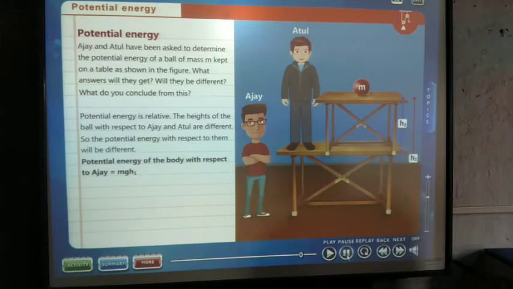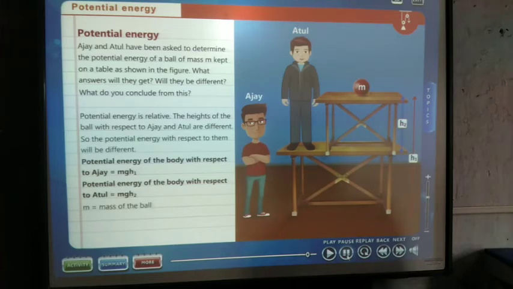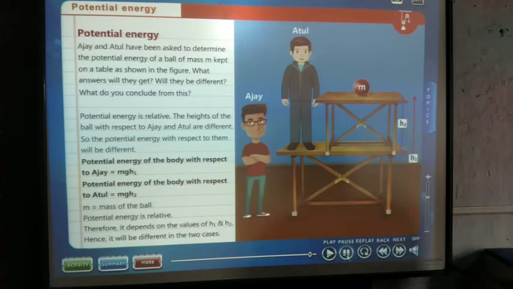Potential energy of the body with respect to Ajay is equal to mgh1 and potential energy of the body with respect to Atul is equal to mgh2. m is equal to mass of the ball. So we can say that potential energy is relative. Therefore, it depends on the values of h1 and h2. Hence, it will be different in the two cases.